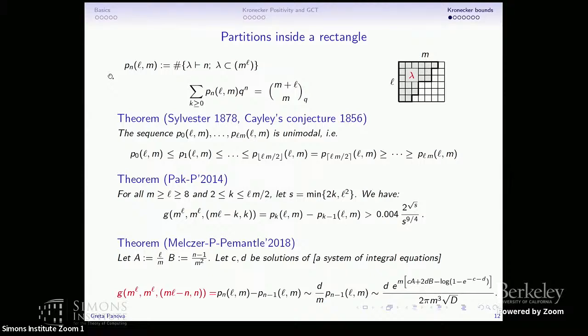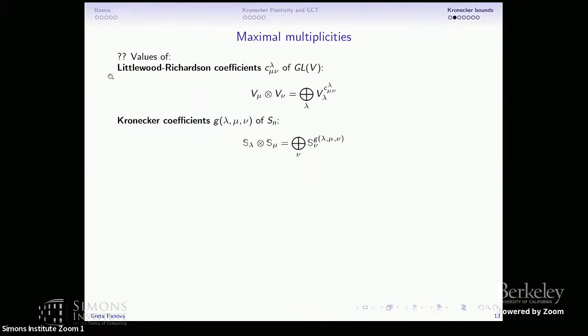And now from then on, what can we say? We can start with the most general question of what are the maximal possible values that the Kronecker coefficient can take, or Littlewood-Richardson for that matter.